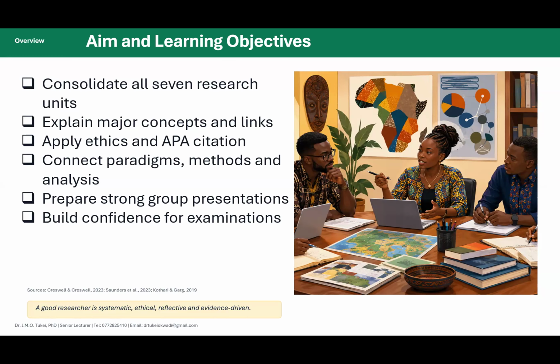Colleagues, by the end of this session, you should be able to explain major research concepts accurately, distinguish among paradigms and approaches, connect research problems to suitable designs, and justify methodological choices.